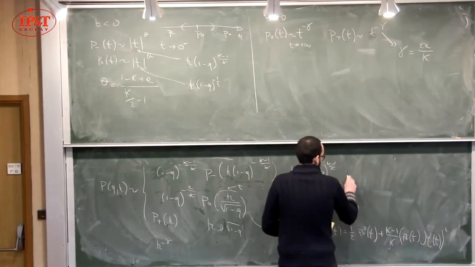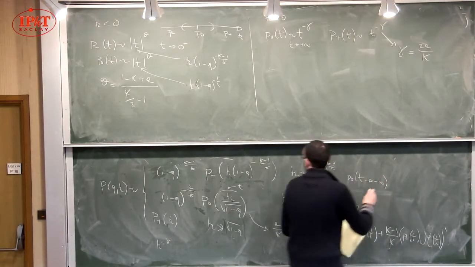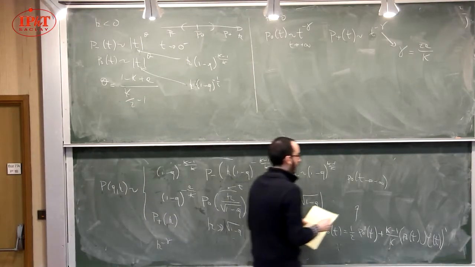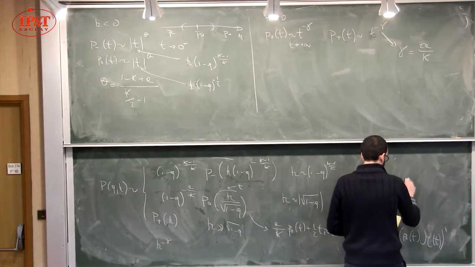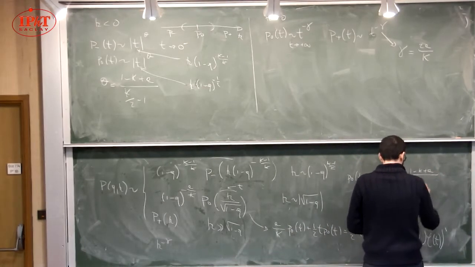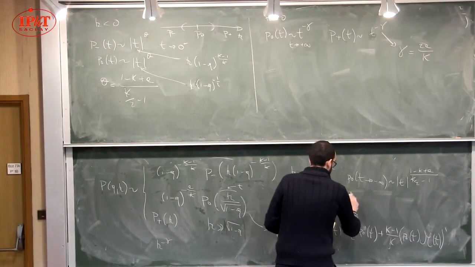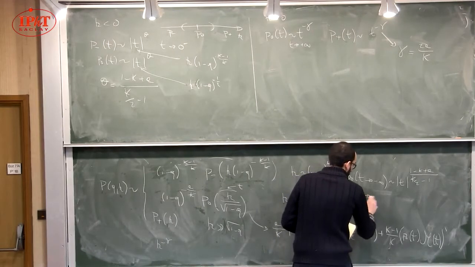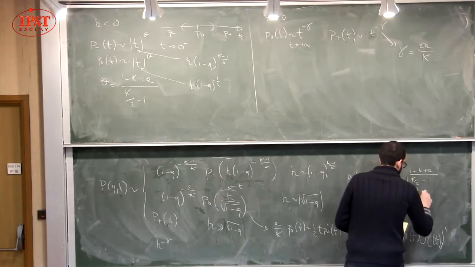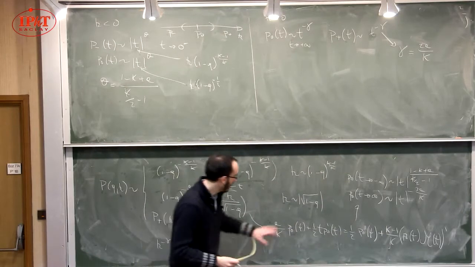So p0 of t when t goes to minus infinity, where you are pushing on the left, goes like t to the 1 minus k plus a divided by k over 2 minus 1. And p0 of t going to plus infinity should be like t to the minus 2a divided by k. Okay, so you have an equation.